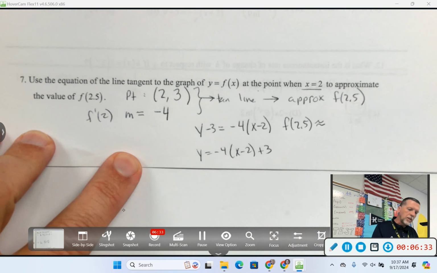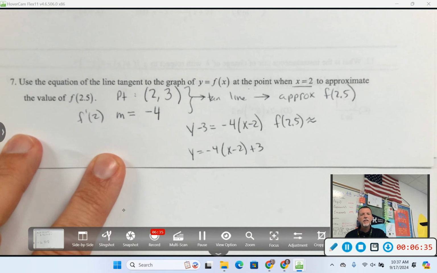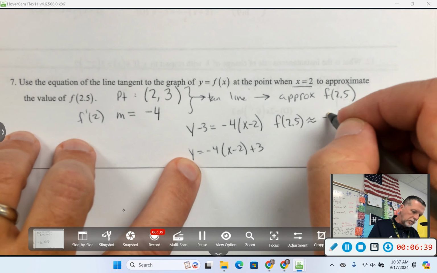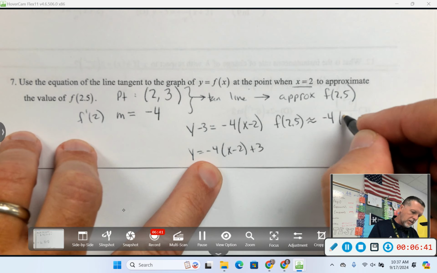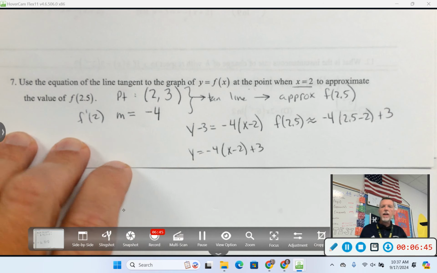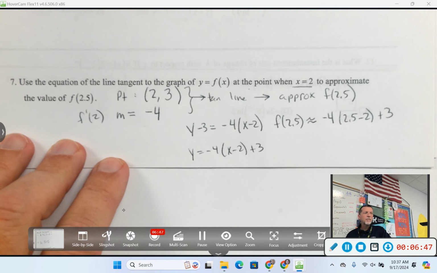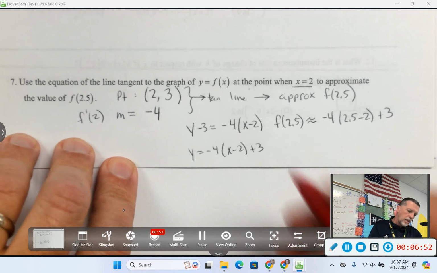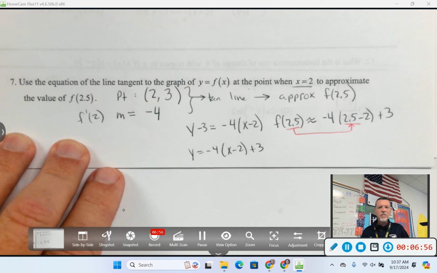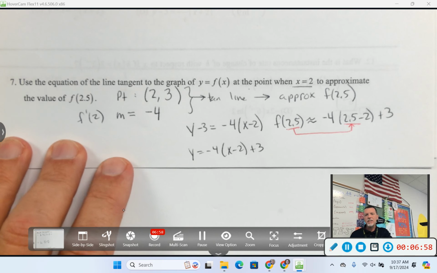So I'm going to put the little approximation signs on there. So I'm just going to plug in 2.5. And that's a safe stop, although that one's not hard to do. Plug in 2.5. Now, I didn't plug it into the function, so this isn't actually what the function is.